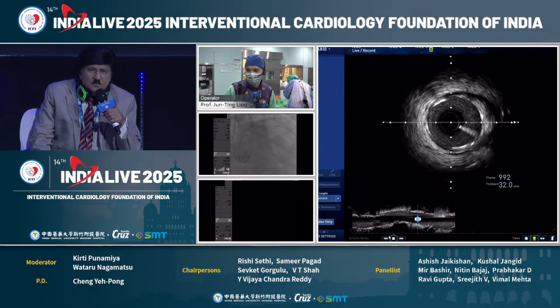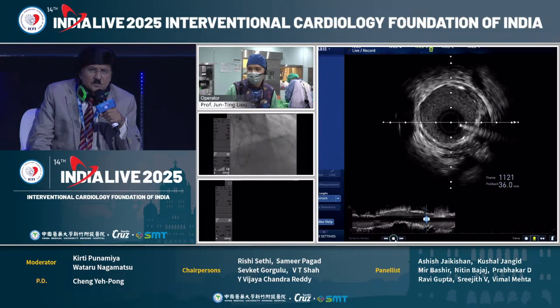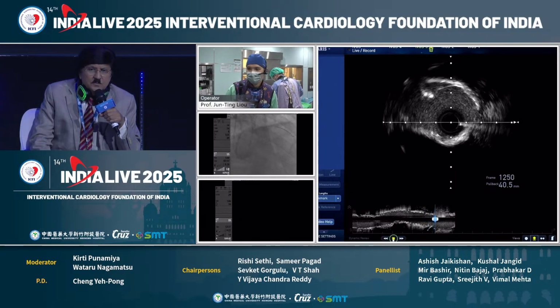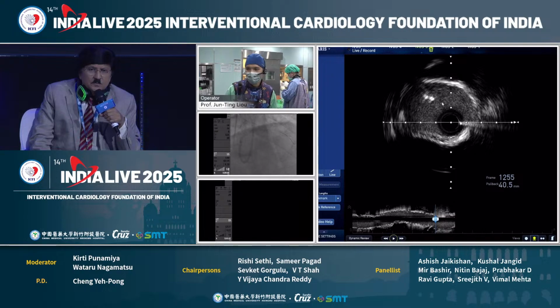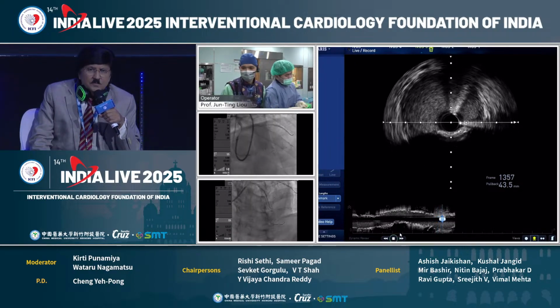Okay, this is the stent in the circumflex. When it goes near the ostium, the LAD wire goes in, and we can see there's not much protrusion of the circumflex into the left main part.